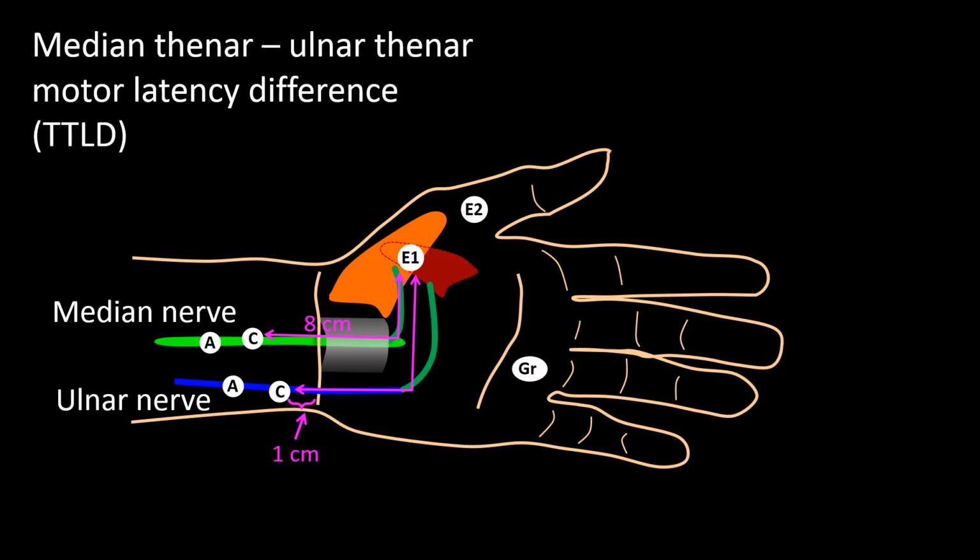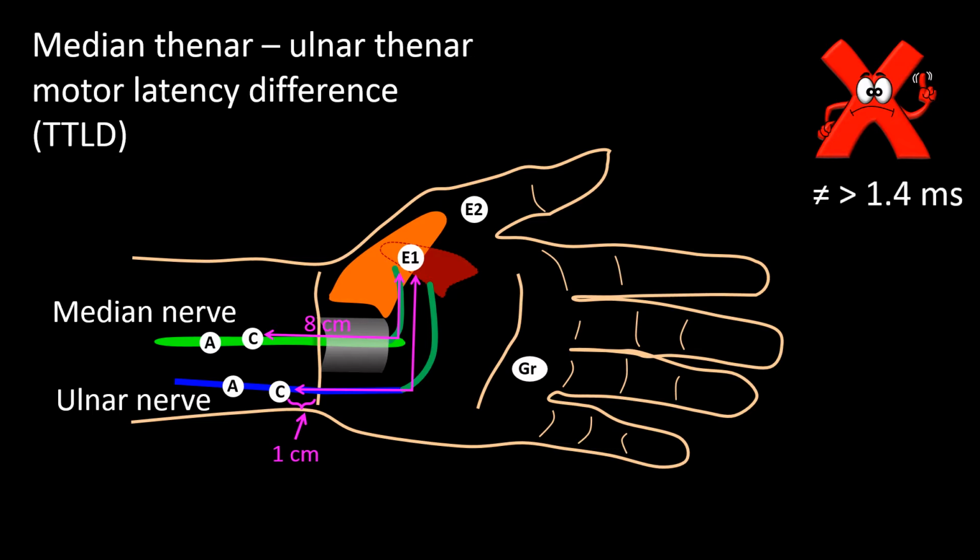Ulnar stimulation records the deep head of the flexor pollicis, the adductor pollicis, and to some extent, it also records potential from the first dorsal interosseous. This test is considered abnormal if the difference is more than 1.4 milliseconds.